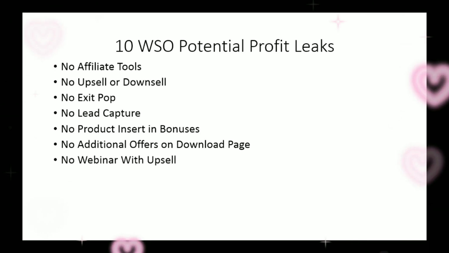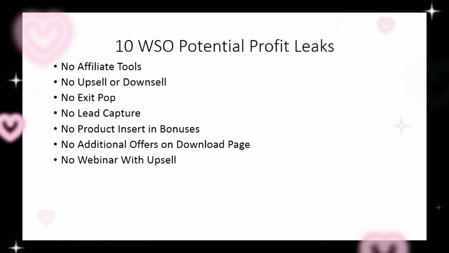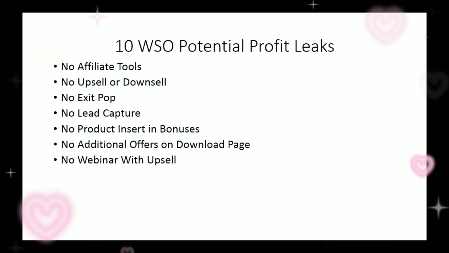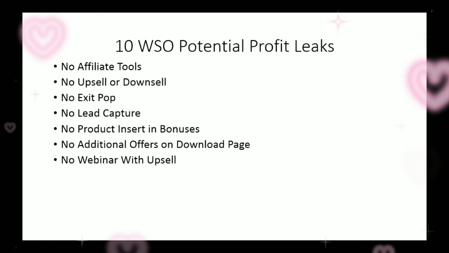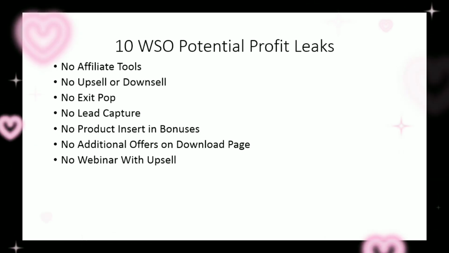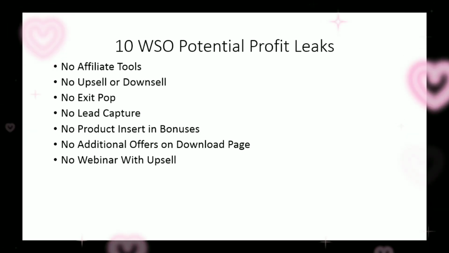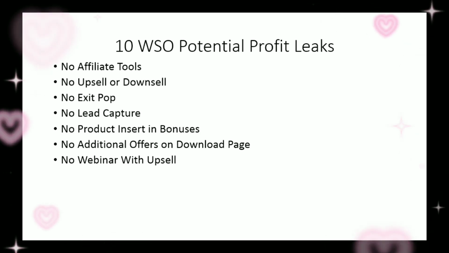Okay, no webinar with your upsell. So in other words, you're going to do an upsell, and you're going to give them additional process. But what you can do when the buyer actually buys is auto register them onto a webinar. And typically on that webinar you give people the opportunity to get your upsell or even another upsell.